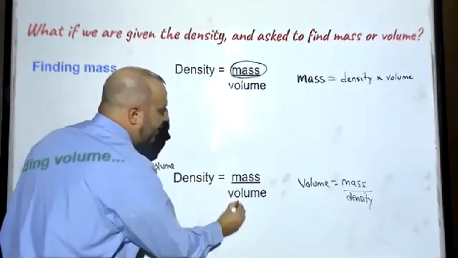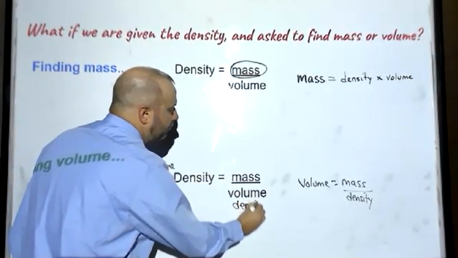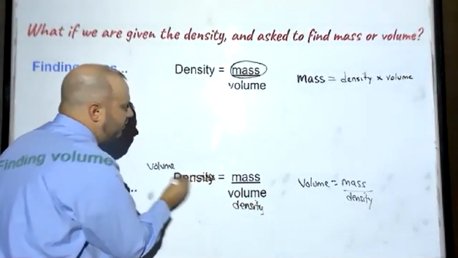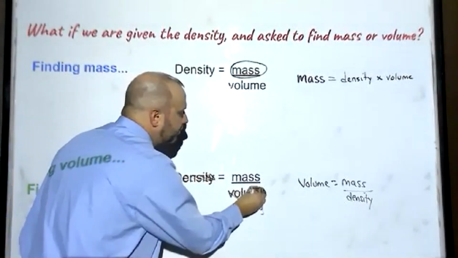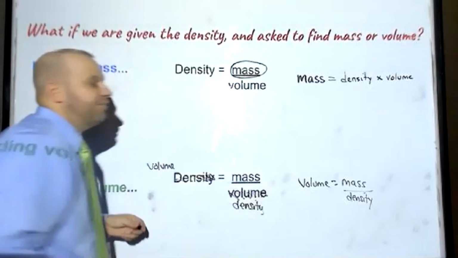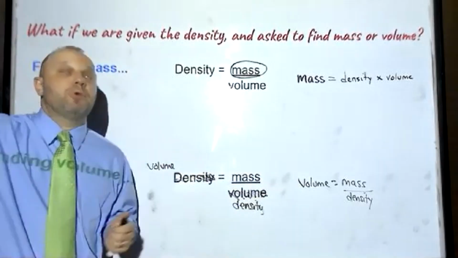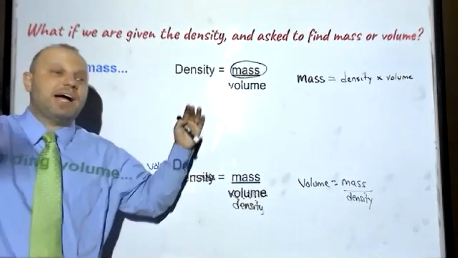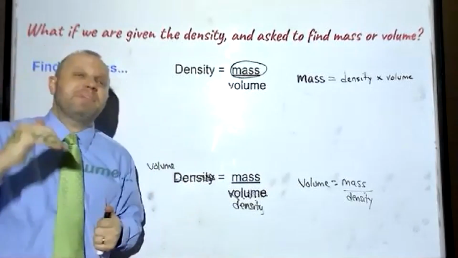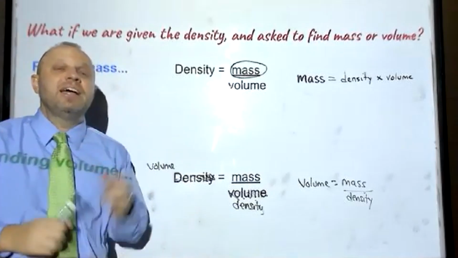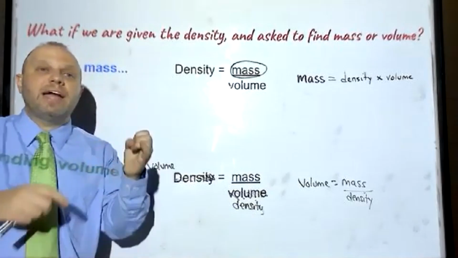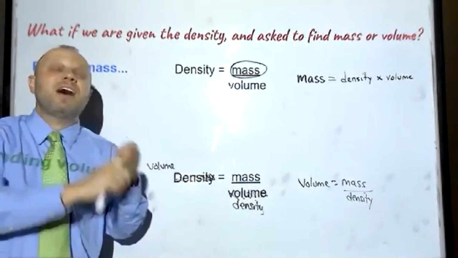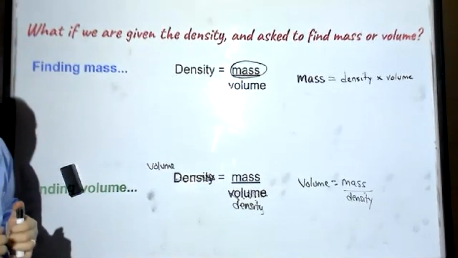I can move density down here because it's diagonal across the equal sign. If I do that, I wind up with the same equation. It has the same effect as multiplying by something on both sides and then dividing it out. If you move something diagonally across the equal sign, as long as whatever you're solving for ends up by itself and on top of the fraction.